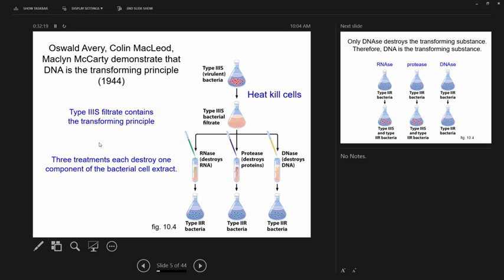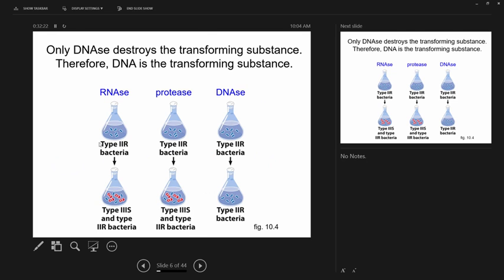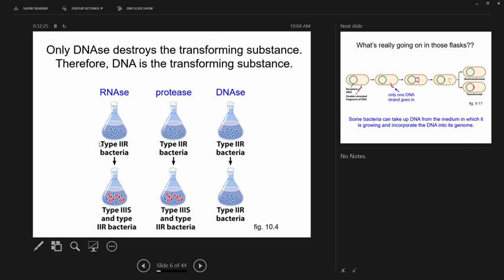Then they added each of these to type 2R bacteria. With the RNase and protease treated flasks, they ended up getting live type 3S bacteria that could be isolated from that. And when these were injected into mice, they killed them, as was expected from the previous experiment.